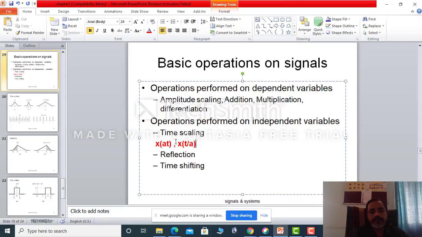So next operation, write down time reversal.